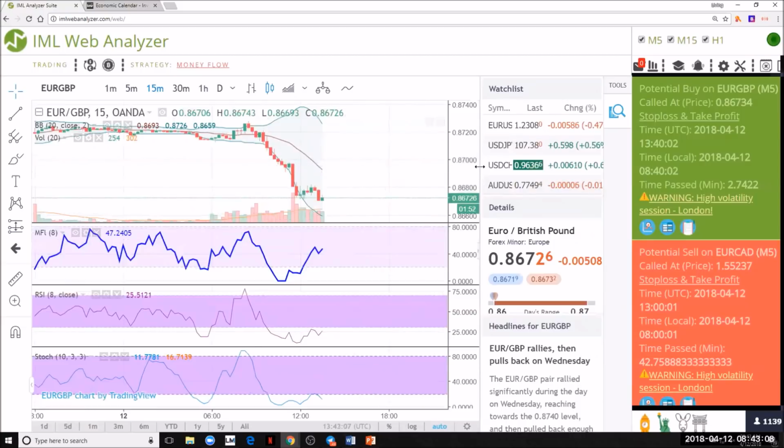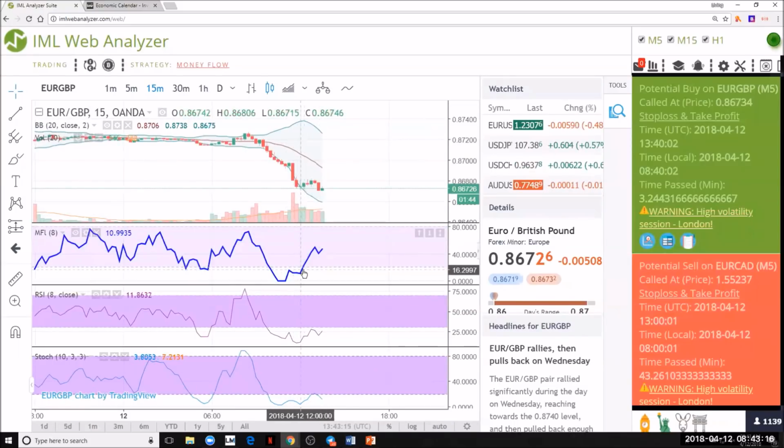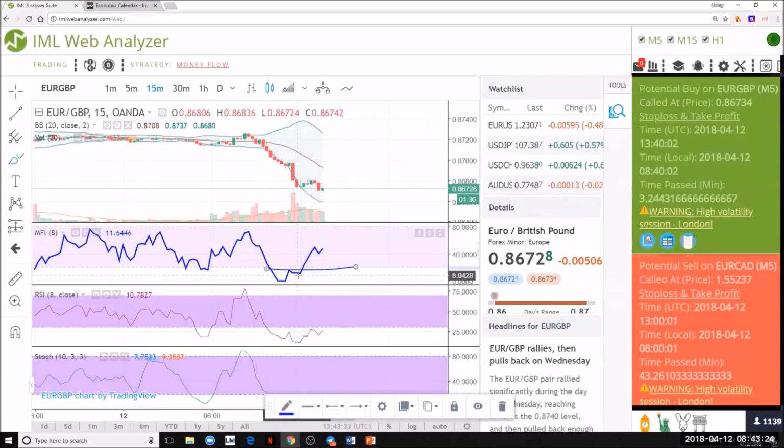And then the first thing that I'm going to be looking for is, has the money flow indicator gone below the 20? So let's just take a look here. We're wanting to know if money flow has gone below the 20. The answer here is yes. Now, in this case, it's been quite a few candles back. So that's 1, 2, 3, 4.